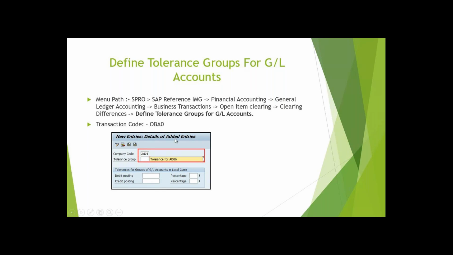So the two or three tolerances I have are grouped under one. That grouped tolerance can give the debit posting and credit posting limit here, or percentage. Okay, sir. Understood? Yes, sir.